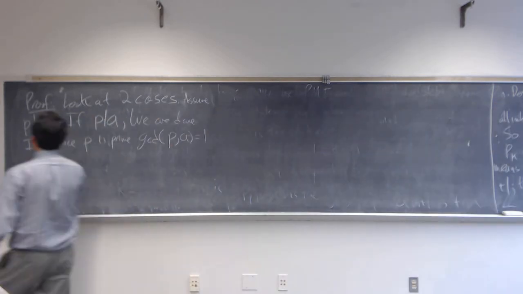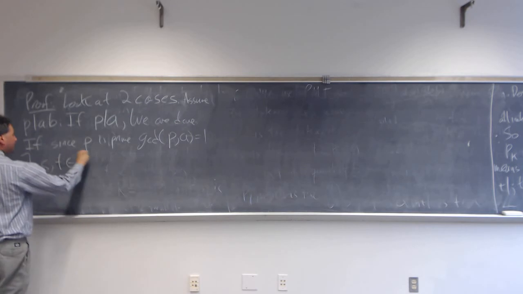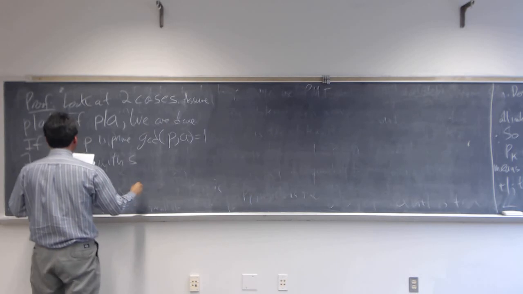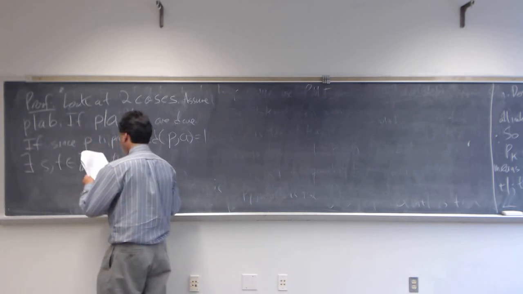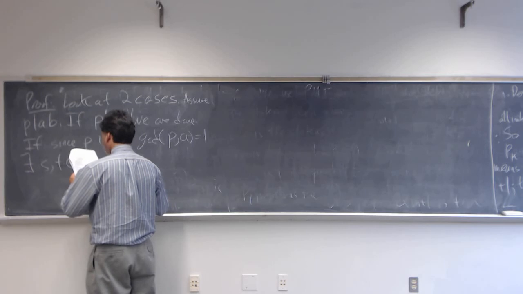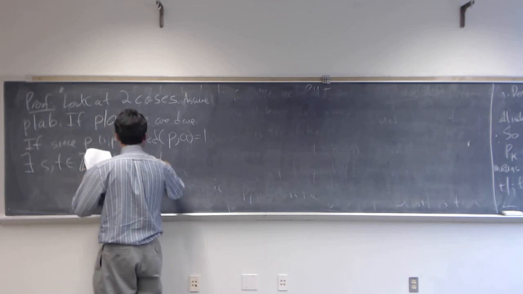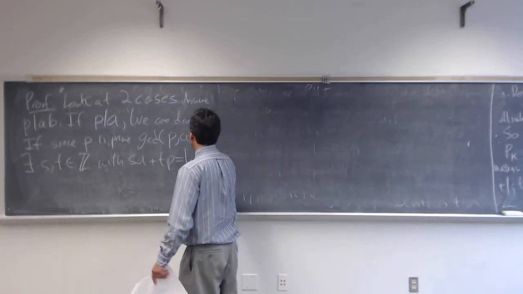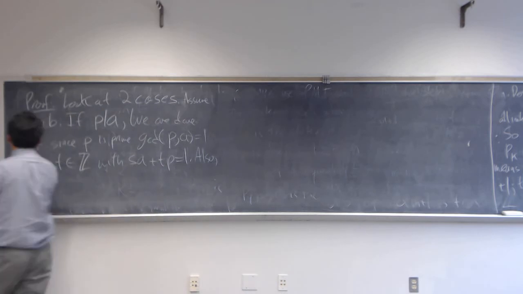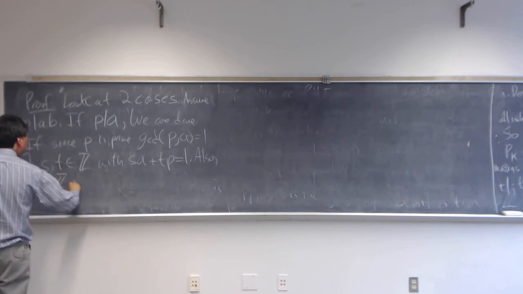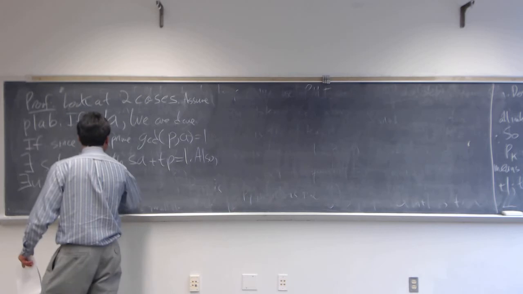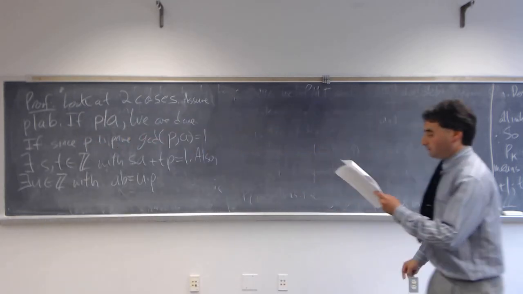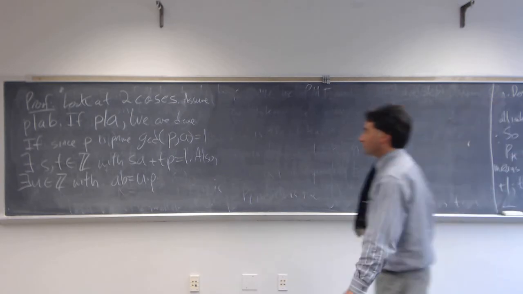So there exist two integers, we'll call them S and T, with S times A plus T times P equal to 1. Also, there is an integer U with AB equals U times P, because P divides the product AB. So what does this tell us?